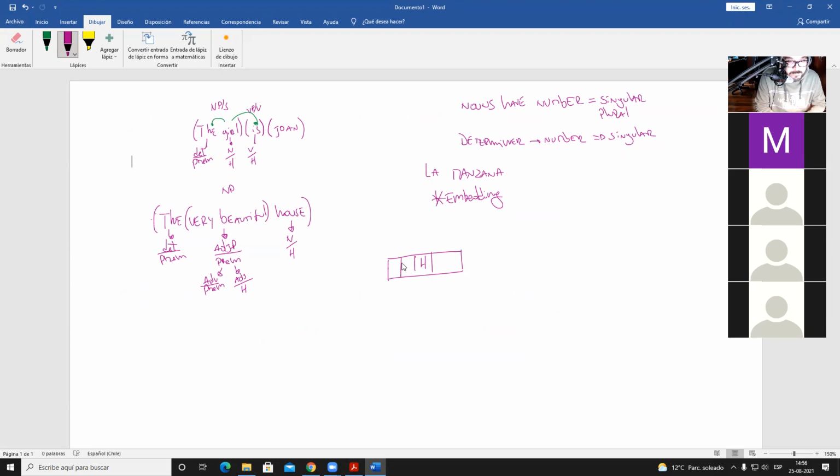Before the head we have pre-modifiers, and after the head we can find post-modifiers if they are optional or complements if they are not. But at the very beginning, we can find the determiners, and this is something new.